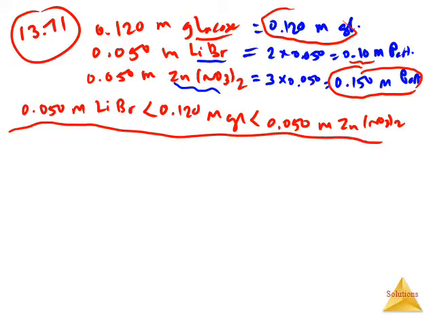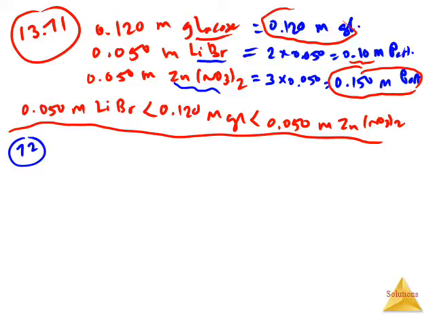Let me now go over number 72, 13.72. In this question, it's a similar problem, except here you deal with freezing point. They're saying to list the following aqueous solutions in order of decreasing freezing point.